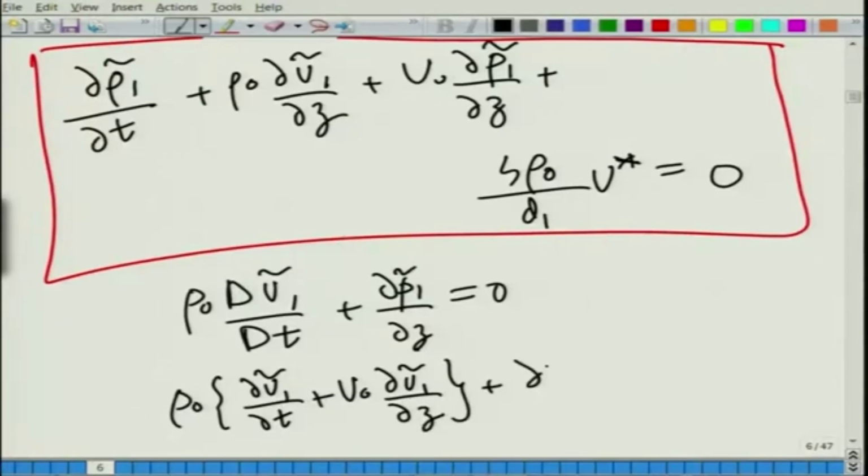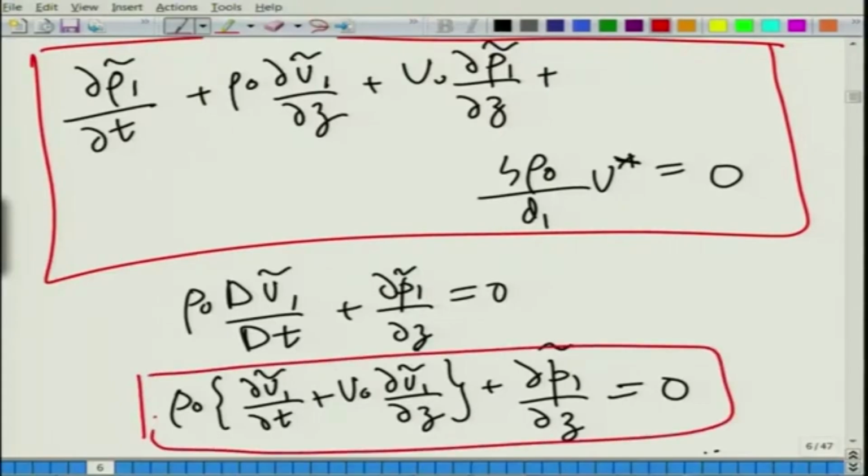So, this is something like this, and what we can also do concurrently is assume isentropicity. When we do such a thing, we get things like P 1 and 1 by C naught square.